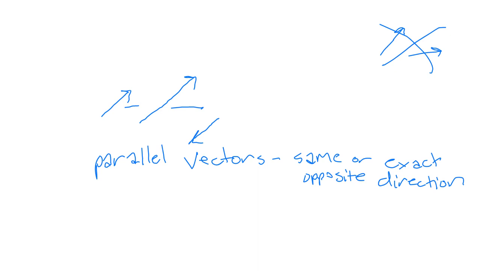Magnitude doesn't matter; all we worry about with parallel is the direction. So let's show how scalar multiplication works and give it a harder definition.